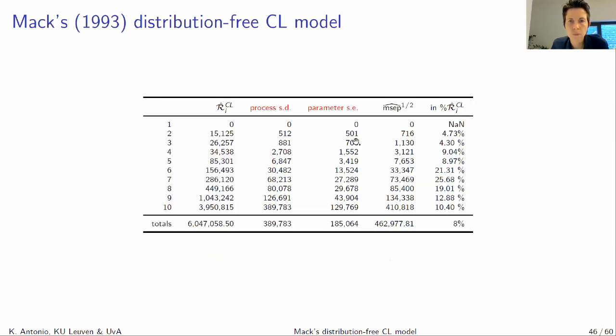You can also decompose. It would require you to go a step further, but this is possible. You can decompose into the process standard deviation and the parameter standard error. I show here how the decomposition works, just to give you a feeling about where the biggest source of uncertainty is coming from, and in this case that is the process standard deviation.